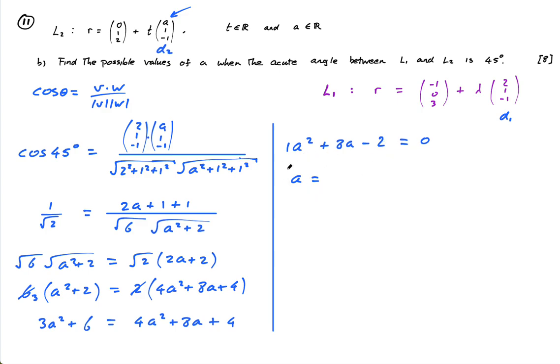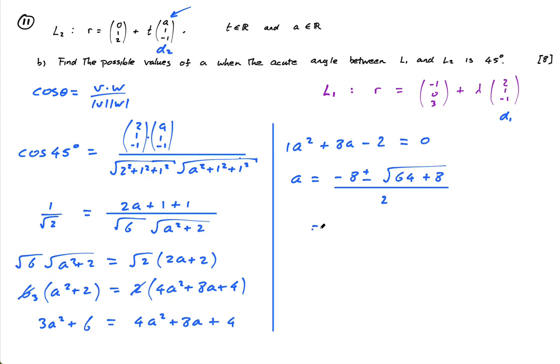Anyway, I'll assume we're all okay with that. A is equal to minus b, that's just minus 8, plus or minus the square root of b squared, 64, that's 8 times 8, minus 4ac. So that's actually minus 4 times 1 times minus 2, which is actually plus 4 times 2 is 8, all over 2.